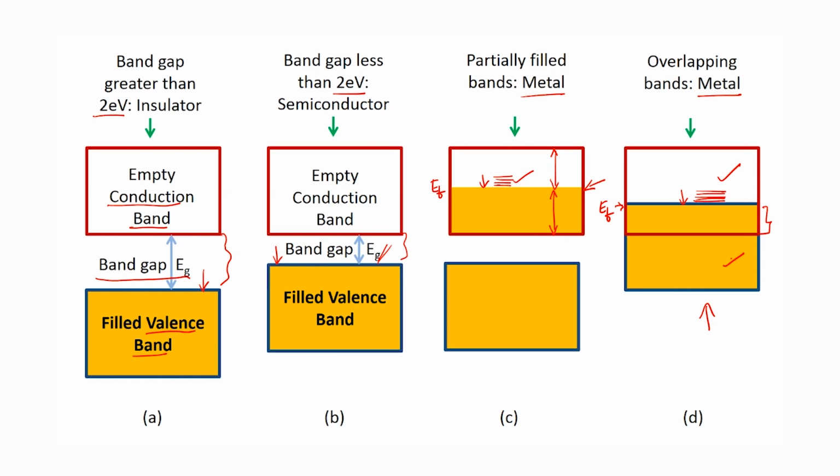But for insulators as well as for pure semiconductors, which are the two band diagrams that I am showing you, the Fermi energy level is exactly halfway between the top of the valence band and the bottom of the conduction band. So, if you can imagine an energy level here and here, that would be the Fermi energy level for the semiconductor, and another Fermi energy level for the insulator that I have shown you.